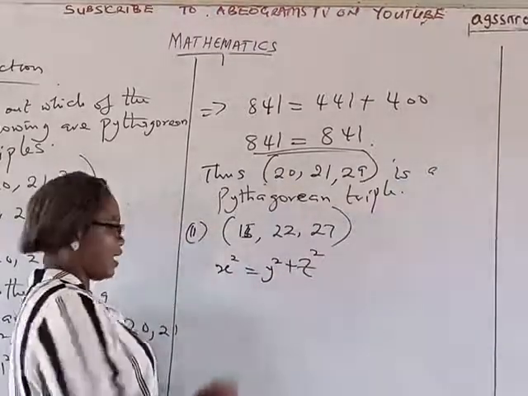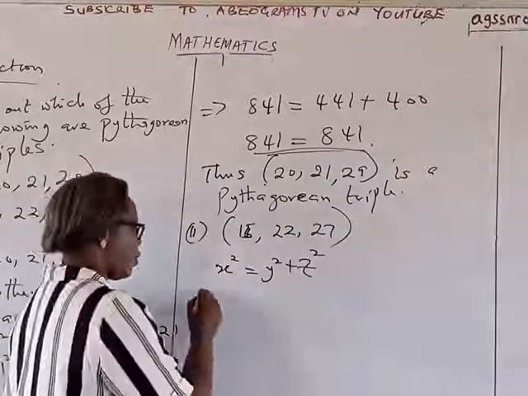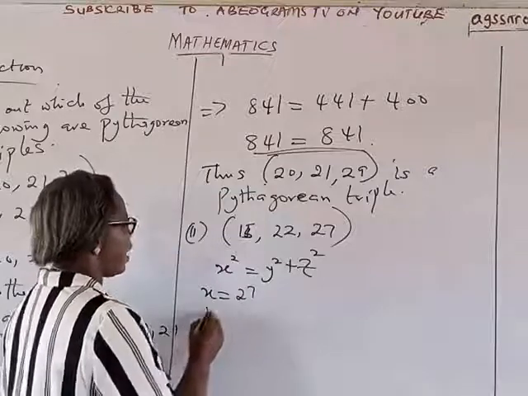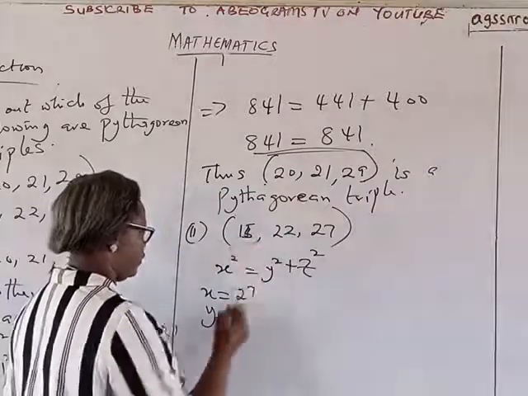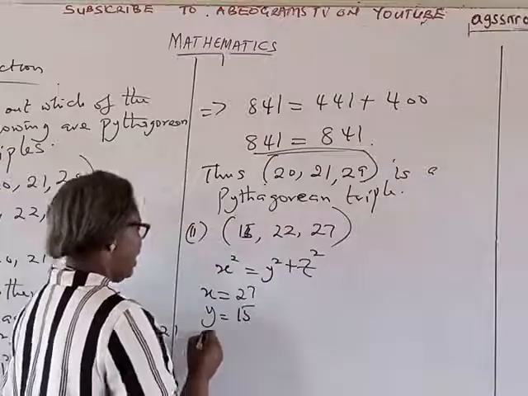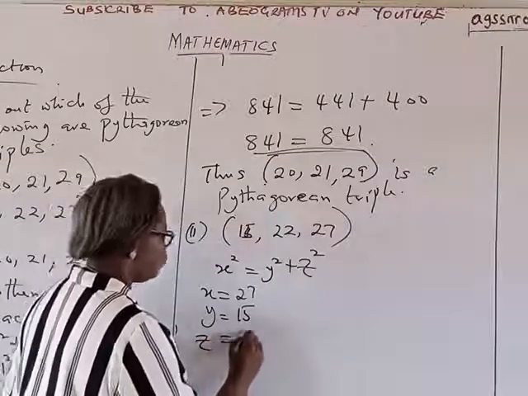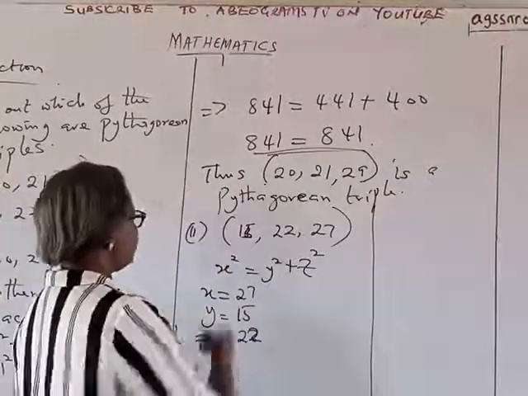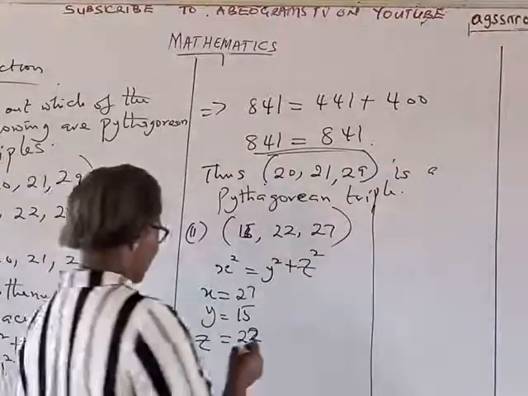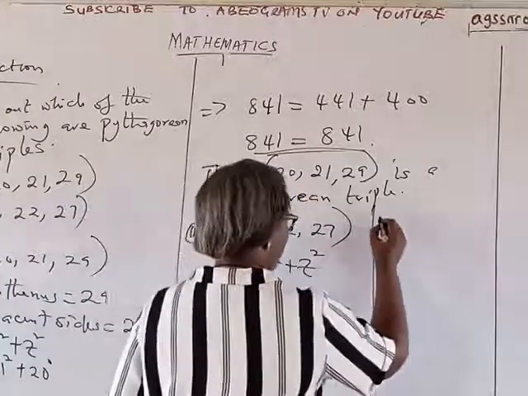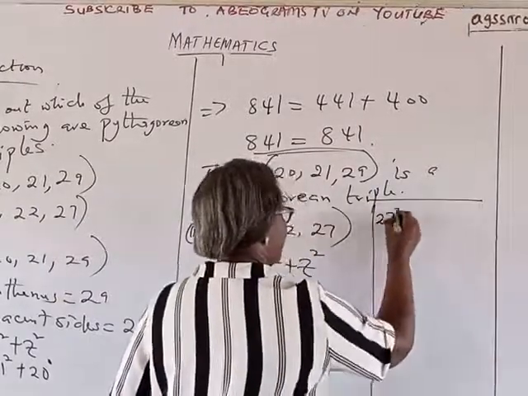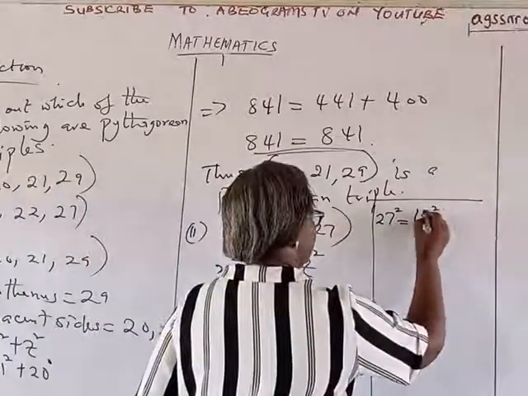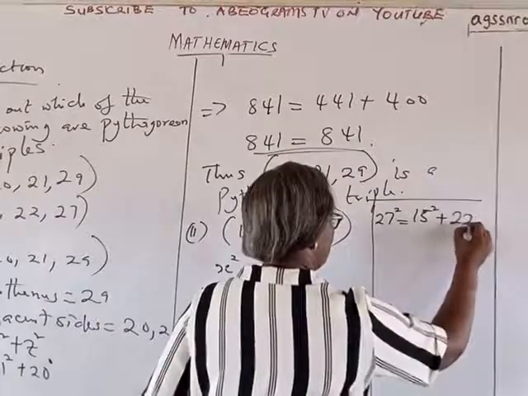So our x in this case is going to be 27, while our y can be any of the other two sides, 15, and then our z, 22. So with that written out, substituting into the formula, we have 27 squared equals 15 squared plus 22 squared.